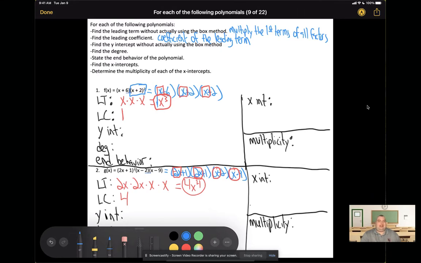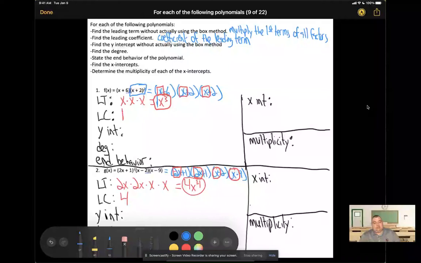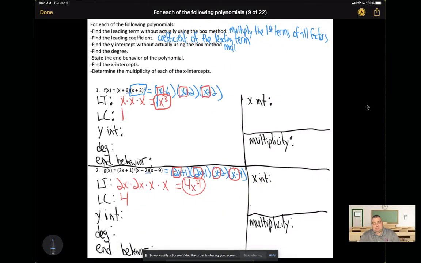To find the constant term, I'm going to multiply the constant terms of each of the factors together. A constant term, remember, is the term that doesn't have an x.